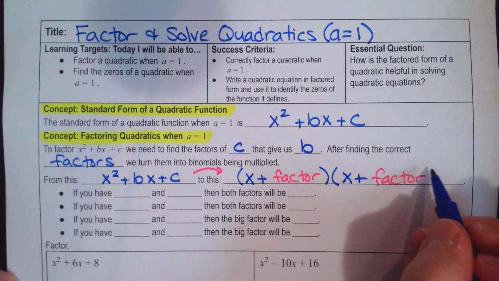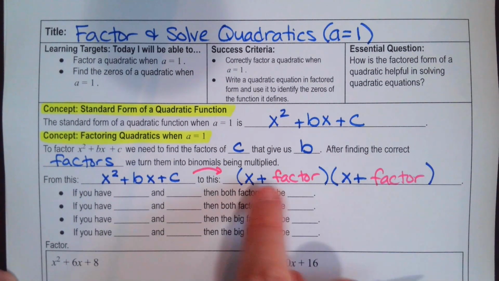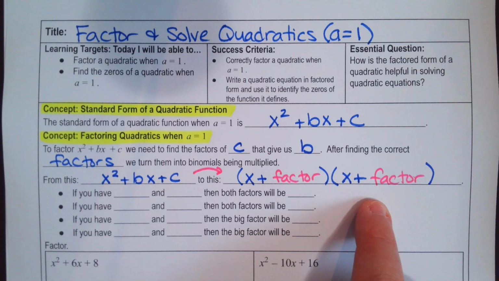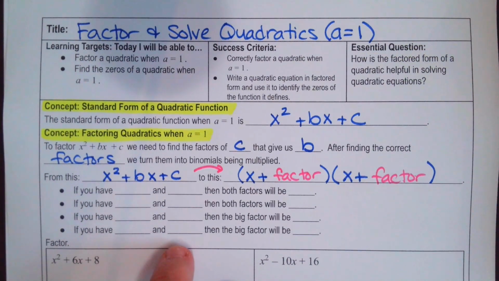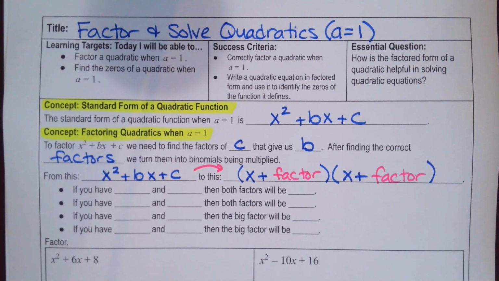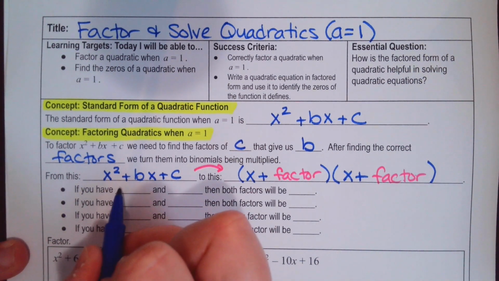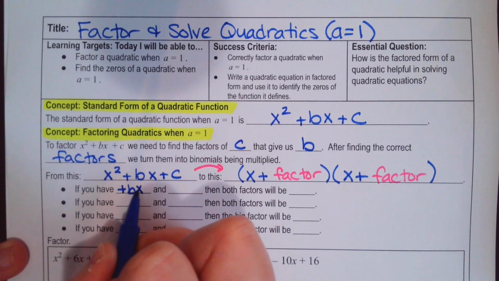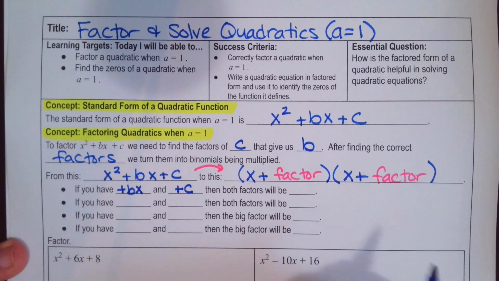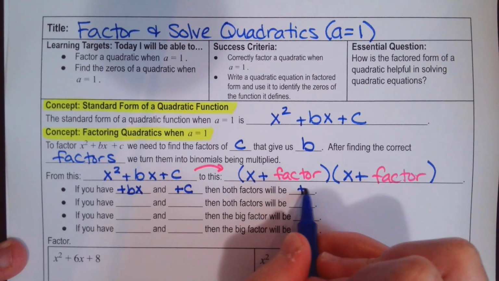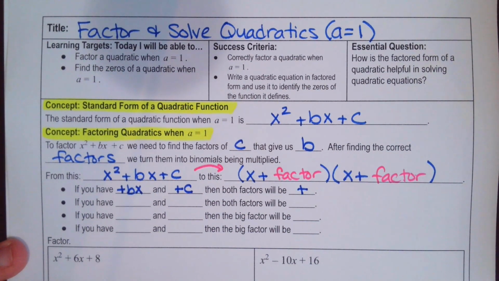Now, you guys need to be aware it's not always going to be plus for both factors. Now, to figure out how it's going to be plus or how it's going to be minus, here are some nifty rules that you can follow. If you have positive bx and positive c, then both factors will be positive.